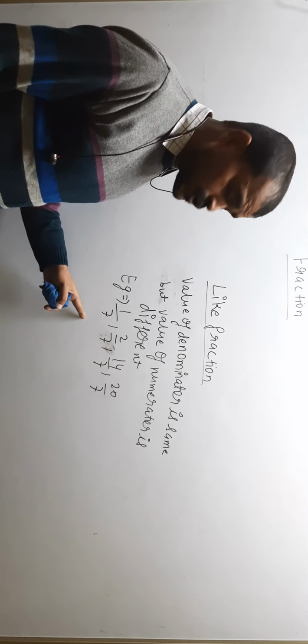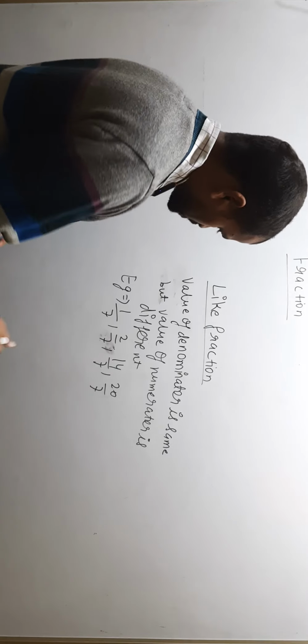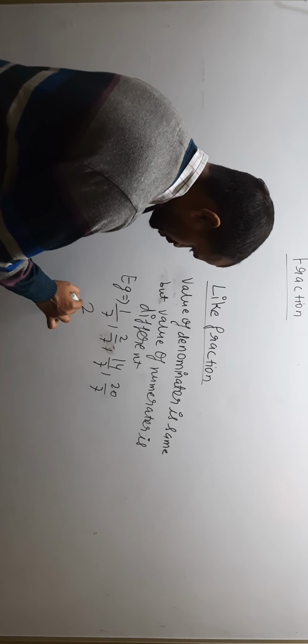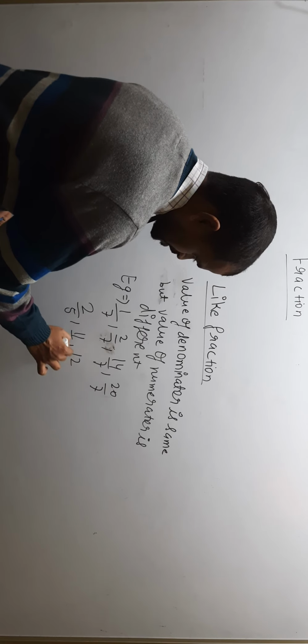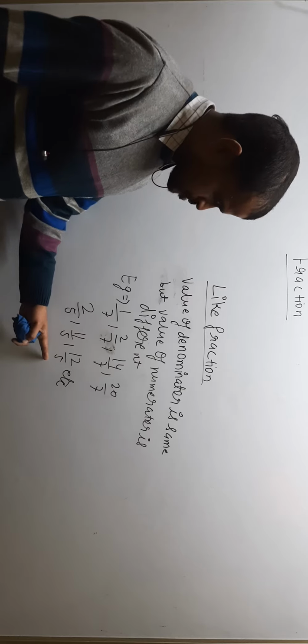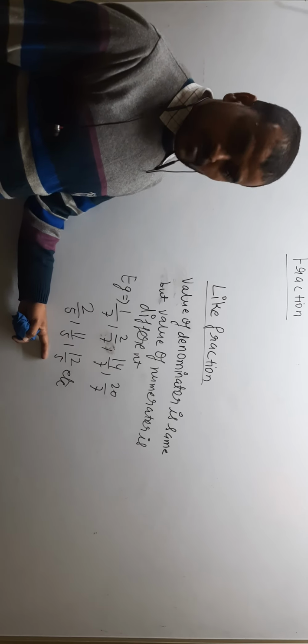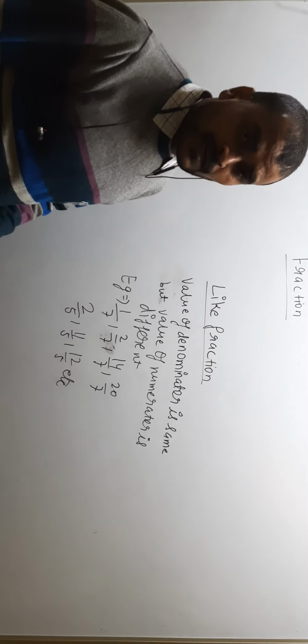So these fractions are called the like fraction. Got it? I will give some more examples. See here. If I write 2 upon 5, 11 upon 5, 12 upon 5, etc. You can also see here the value of denominator is same, but the value of numerator is different. So this is called the like fraction.